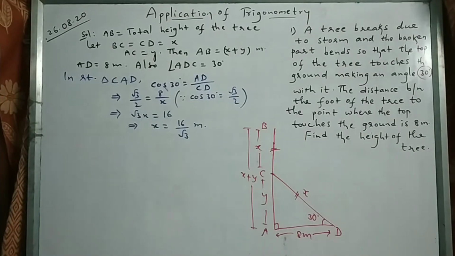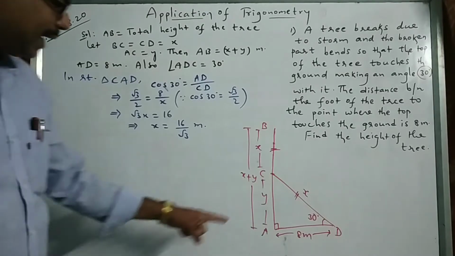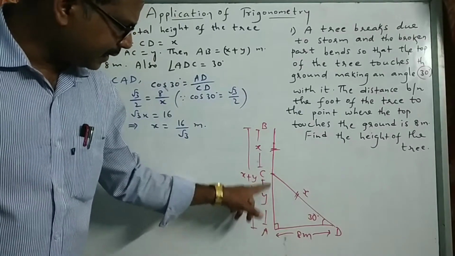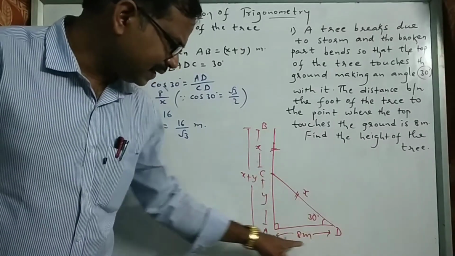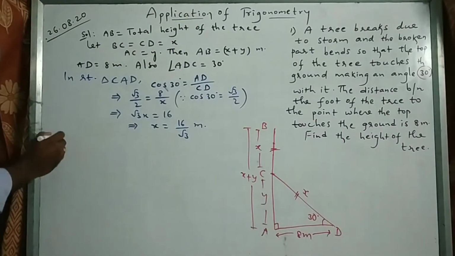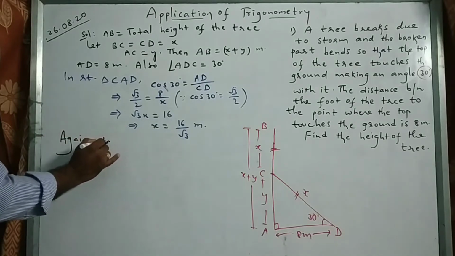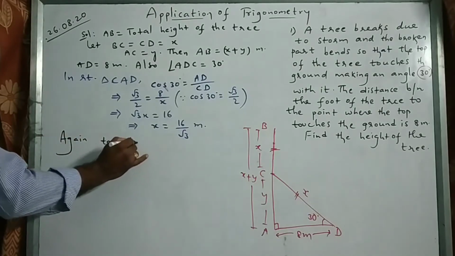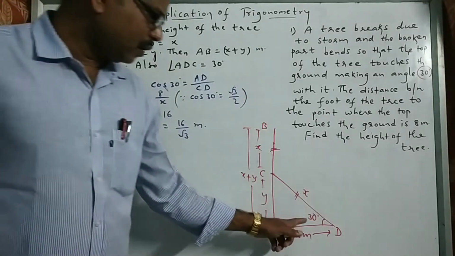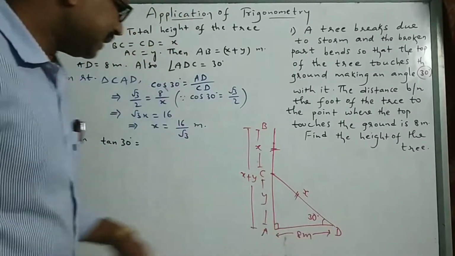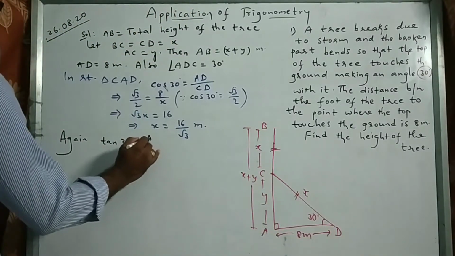Now again, can you take one more to find the value of y? For 30, what do you call this side? For 30, this is opposite, this is adjacent. So I will take tan 30. Tan 30 degrees. For tan 30, opposite to 30 by adjacent means AC by AD.